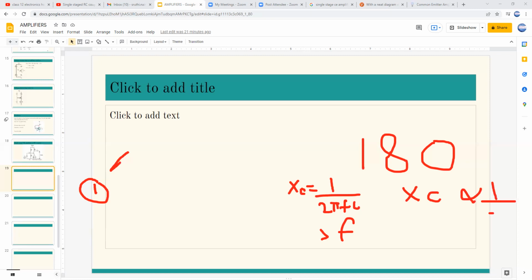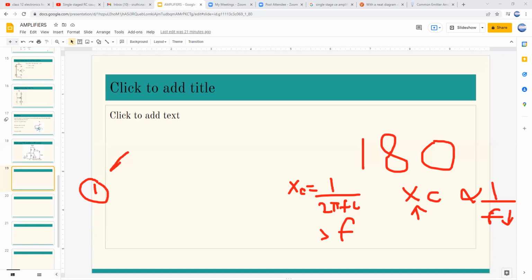Xc is inversely proportional to F. The lower the F, the higher the resistance. That is why the gain is low. At very low frequencies, the reactance of these coupling capacitors is high, so they act as open circuit, and therefore the output voltage also falls down. That is why it is low.